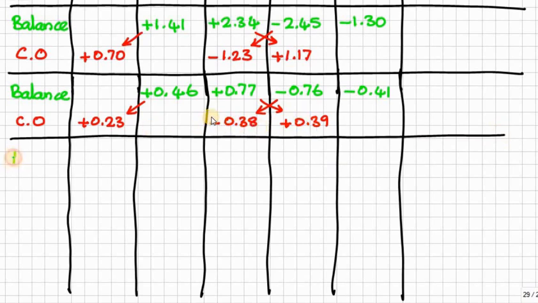Therefore, again we have to balance only this moment, that is, we have to apply plus 0.38 at joint B, minus 0.39 at joint C. So we have to do the same process, balance and carryover, till we get a negligible or insignificant value in the balance step. At that time we can stop.